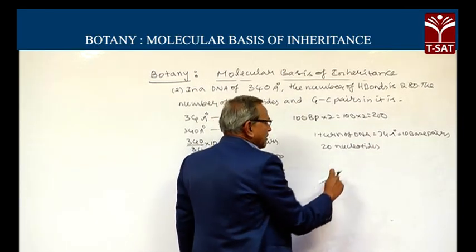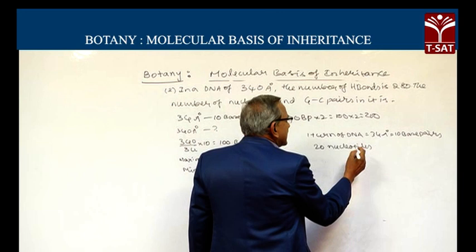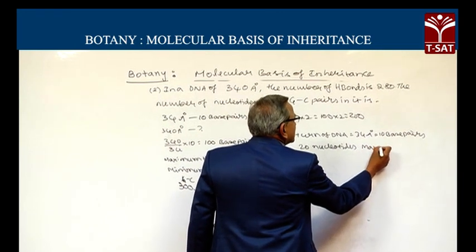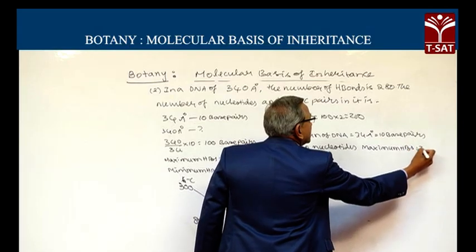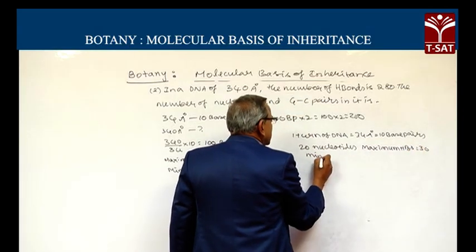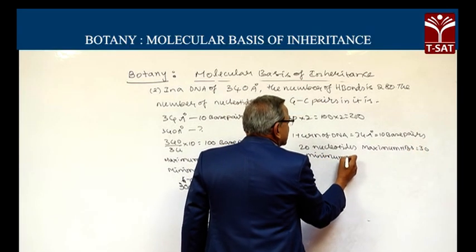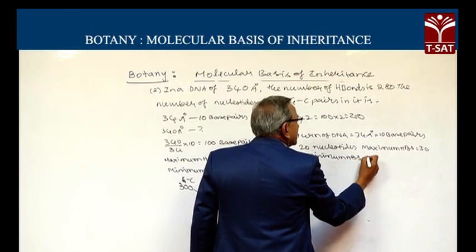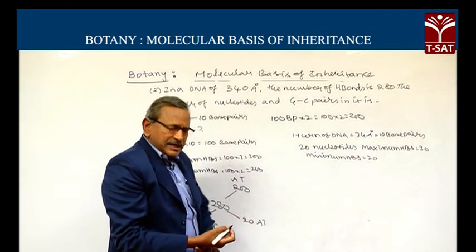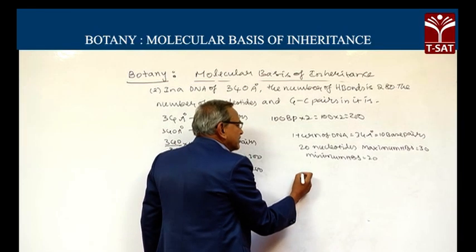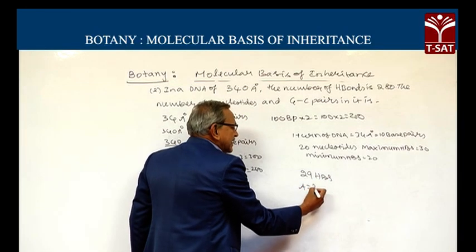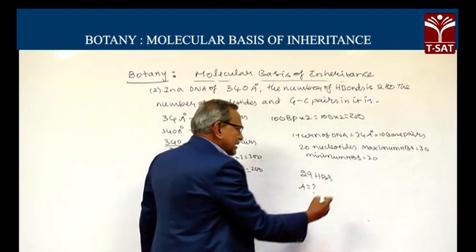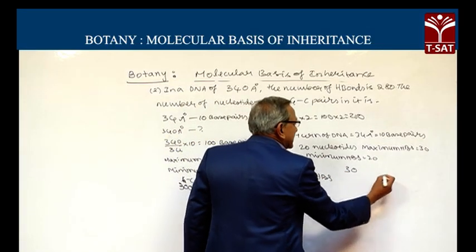In this we have maximum H bonds 30, minimum H bonds 20. Let us take some imaginary number. We have 29 H bonds. Then how many A's are here? How many T's are here? What is our maximum figure? 30.